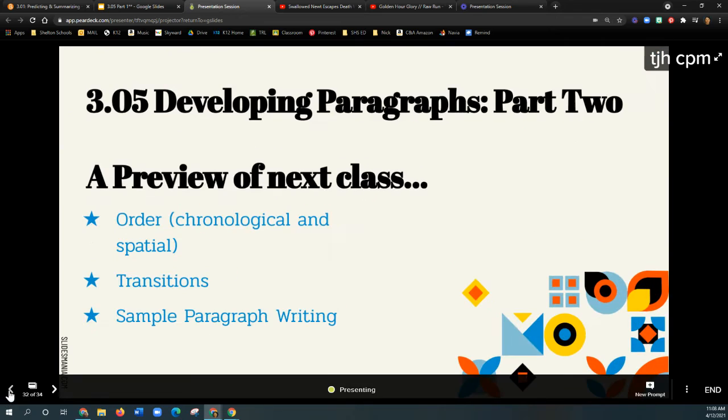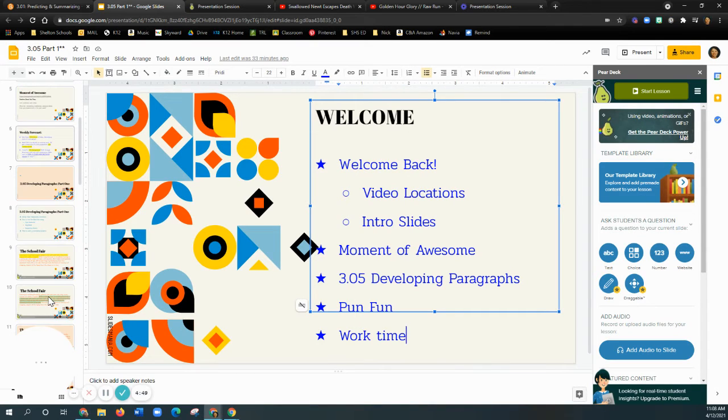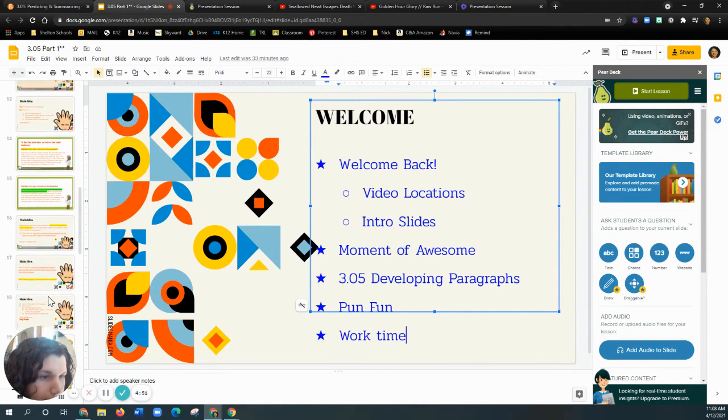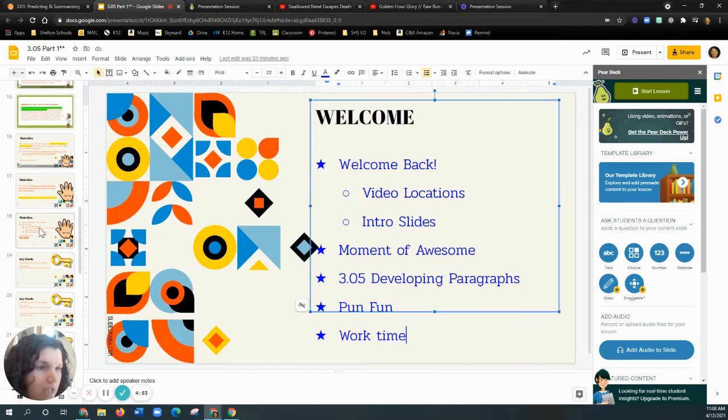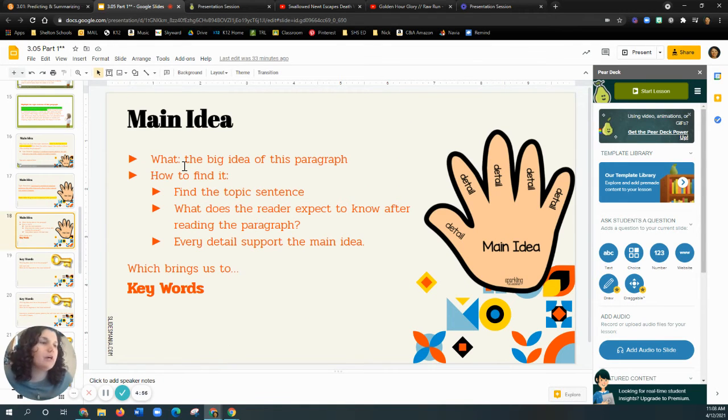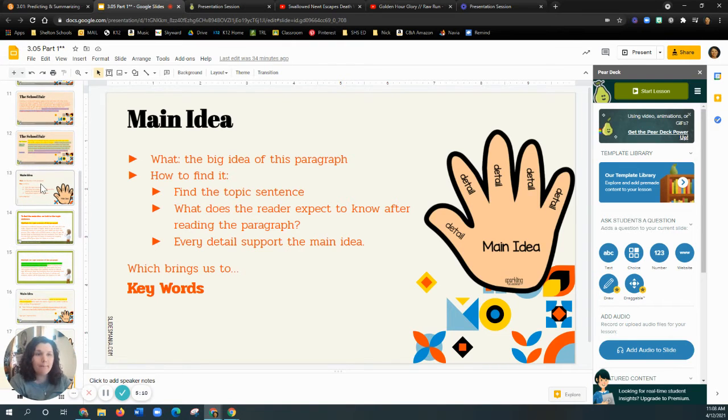So we went over a lot today. I'm going to click through this kind of faster. So we've gone over the big idea of a paragraph with main ideas, how to find it using topic sentences, using some supporting details like cause and effect to give us clues and keywords.